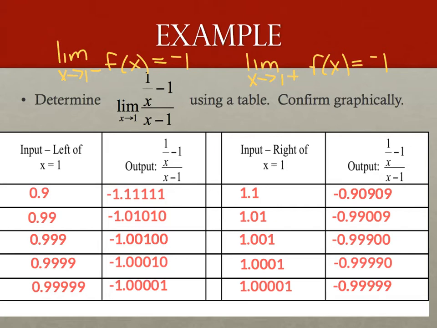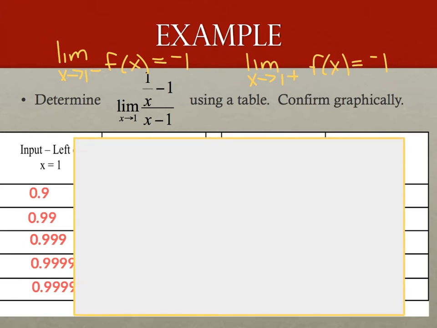So putting all of this together, what we are now able to say is the following. Draw my big old box here. We will say then that the limit as x approaches 1 of (1/x − 1)/(x − 1) is equal to −1.